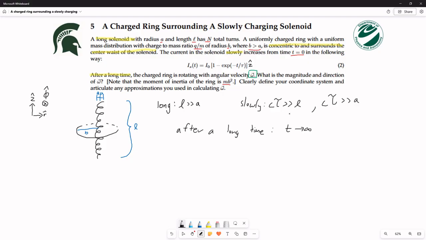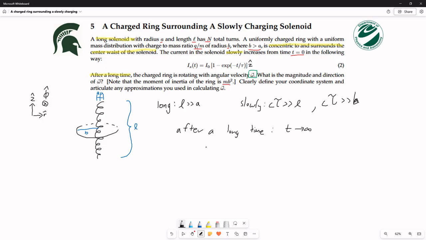Officially, it's these statements over here that the speed of light times the characteristic time frame tau of the current is much larger than the length L, and also much larger than B, I apologize, the radius of the ring. There's no fields oscillating in between these.